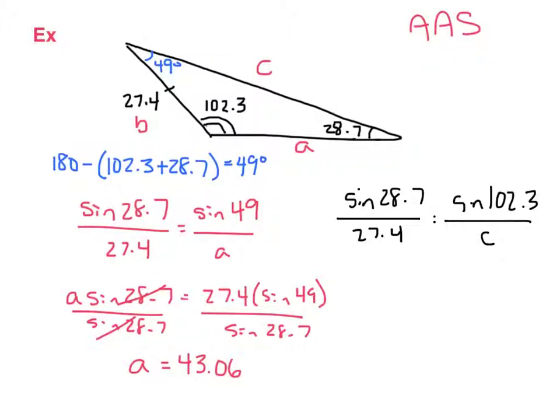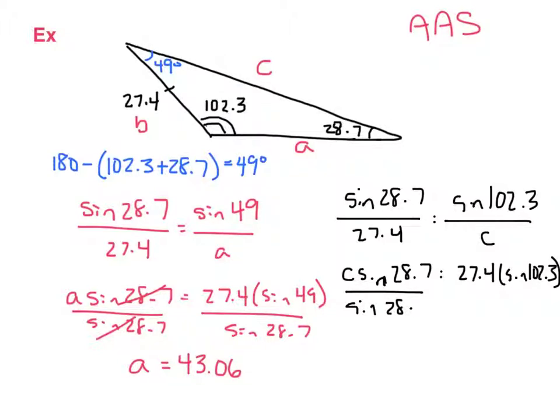We cross multiply and divide. So C times sine 28.7 equals 27.4 times the sine of 102.3. Divide each side by the sine of 28.7. Sorry about my handwriting. And C equals 55.75.